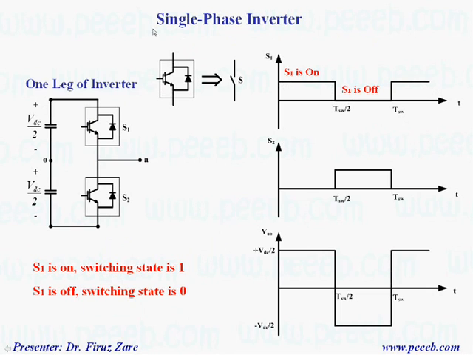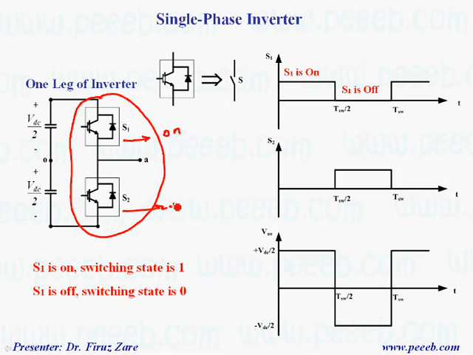So to understand single phase or three phase converters, let's start with a one leg inverter. A one leg inverter basically consists of two switches, in which when one of the switches is on, the other switch should be off. So we define the switching state based on the top switch.